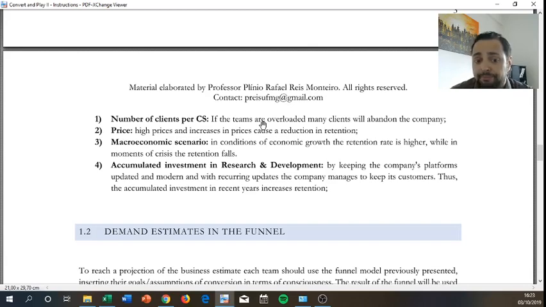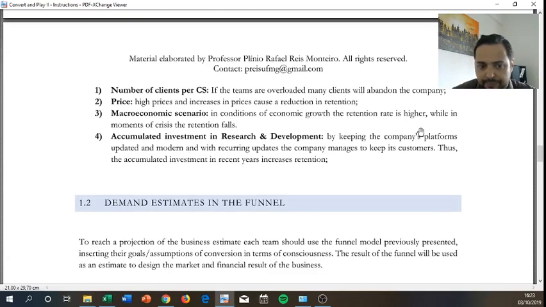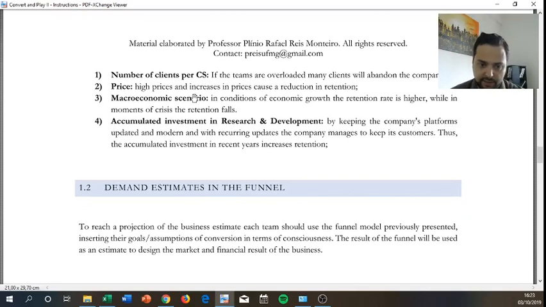So, if the teams are overloaded, many clients will abandon the company. Also, a higher price increases the losses, so it increases the churn. Suppose that if you increase your price, a lot of customers will not have the money to pay for your services.